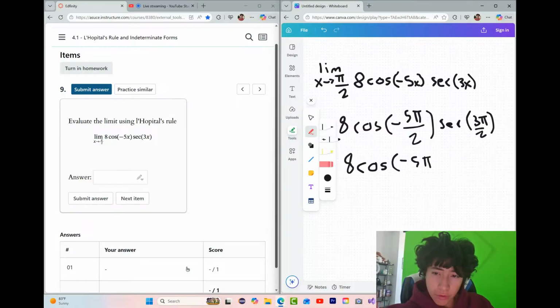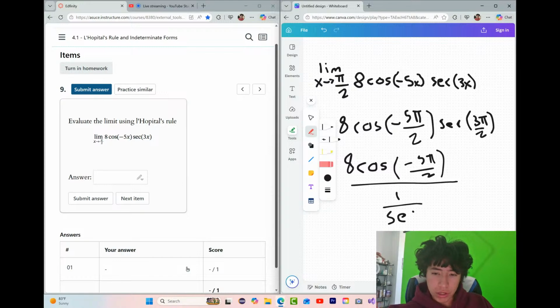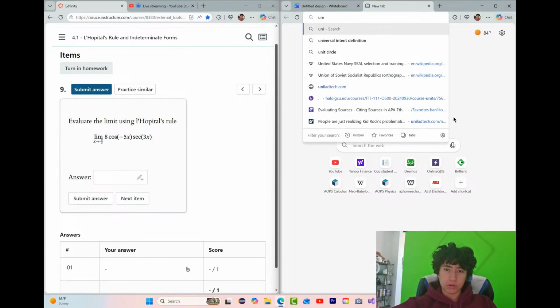So 5 pi over 2. Alright, let's do 1 over secant of negative 5 pi over 2, over 1 over secant of 3 pi over 2. And if that's the case, hold on, let's pull up the unit circle.